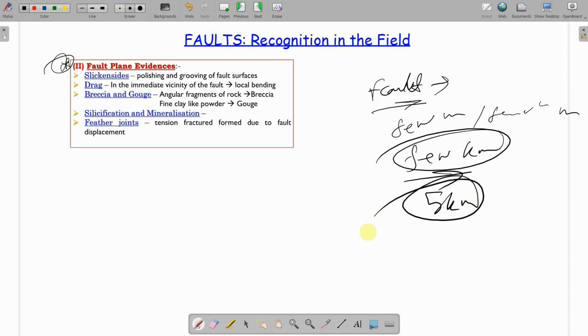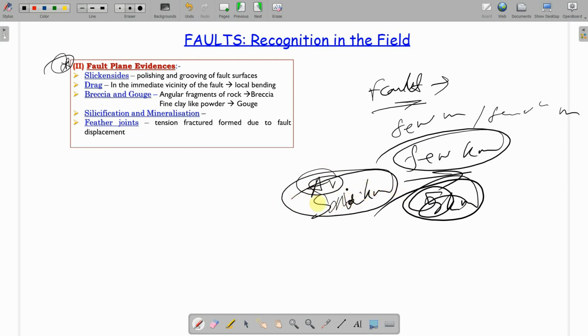In terms of area, it comes in the order of square kilometers, so it's a huge site you have to identify.